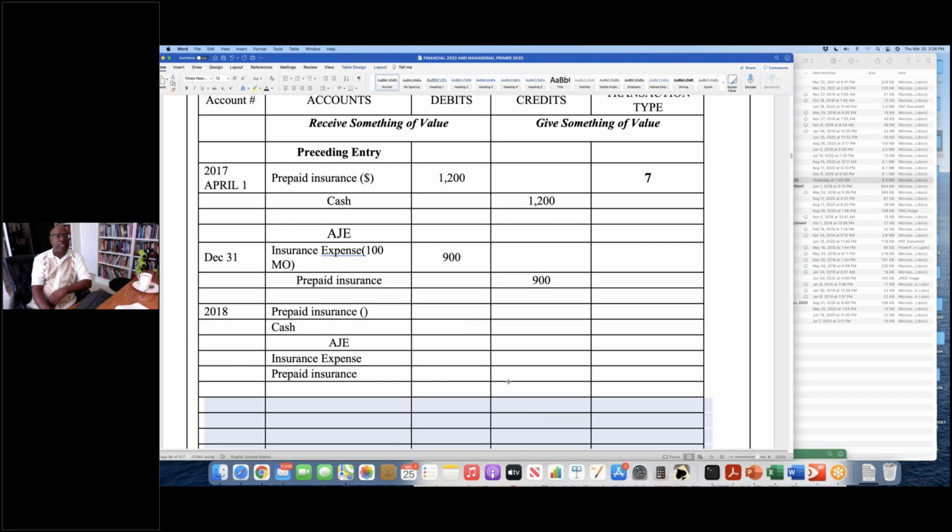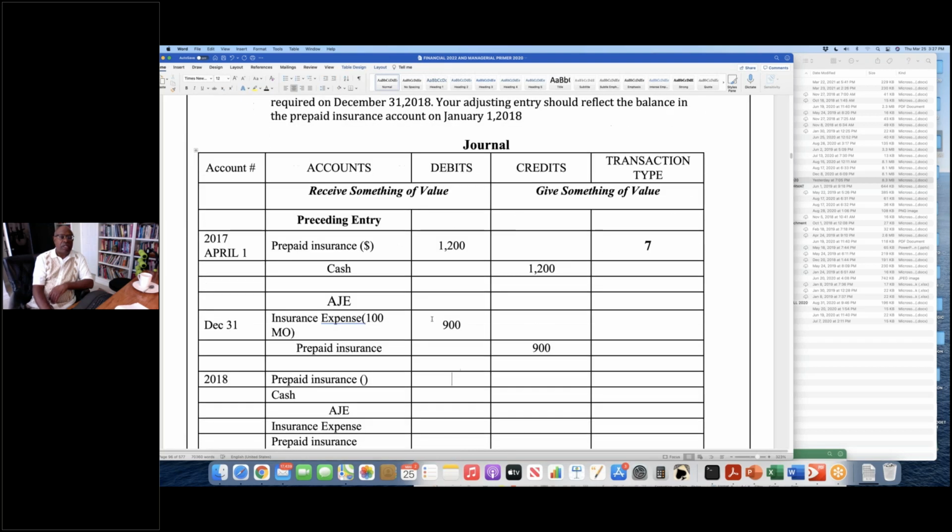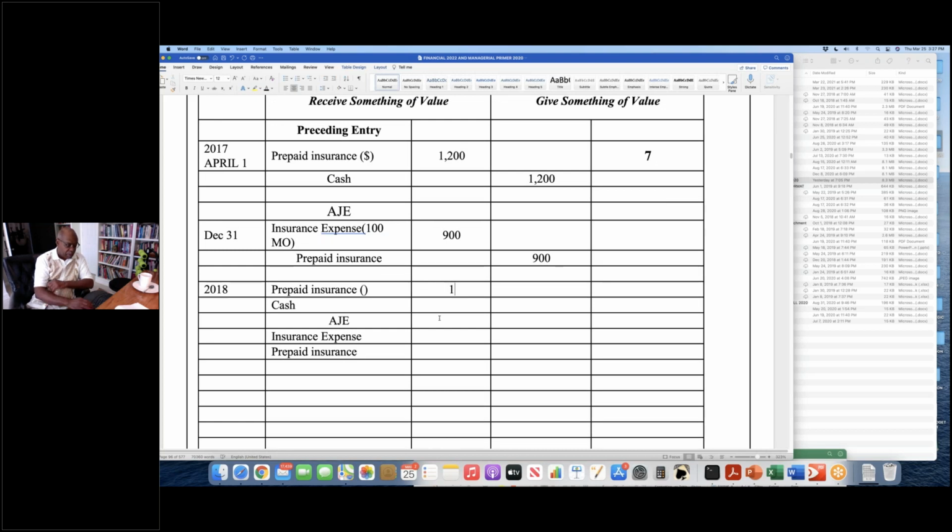Can you all handle it? Yes. So how much is the expense going to be? Well, let's make this entry here. And we said that the next year you had to pay $1,500.